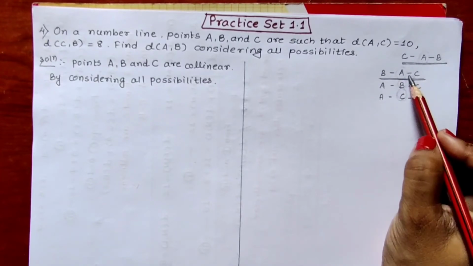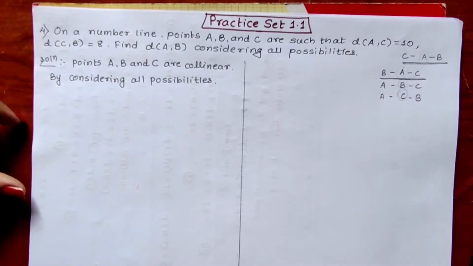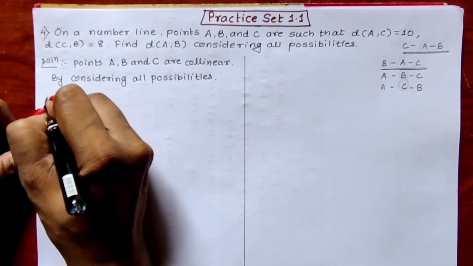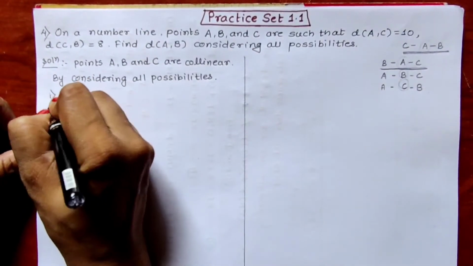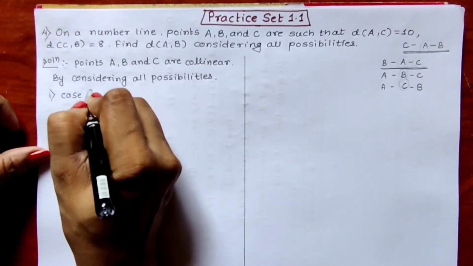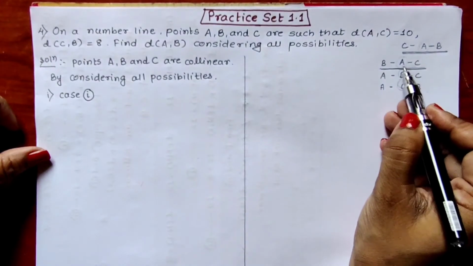We will write these 3 possibilities as 3 cases. So case number 1. What is case 1?